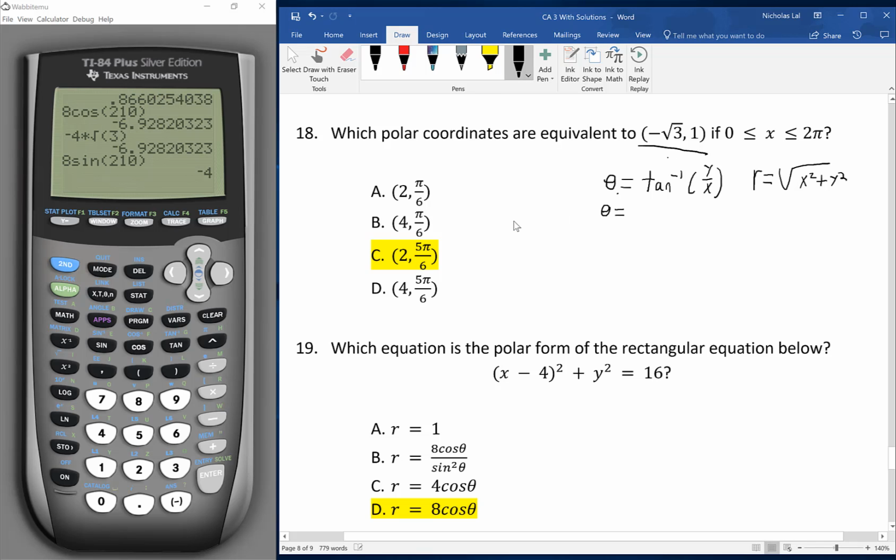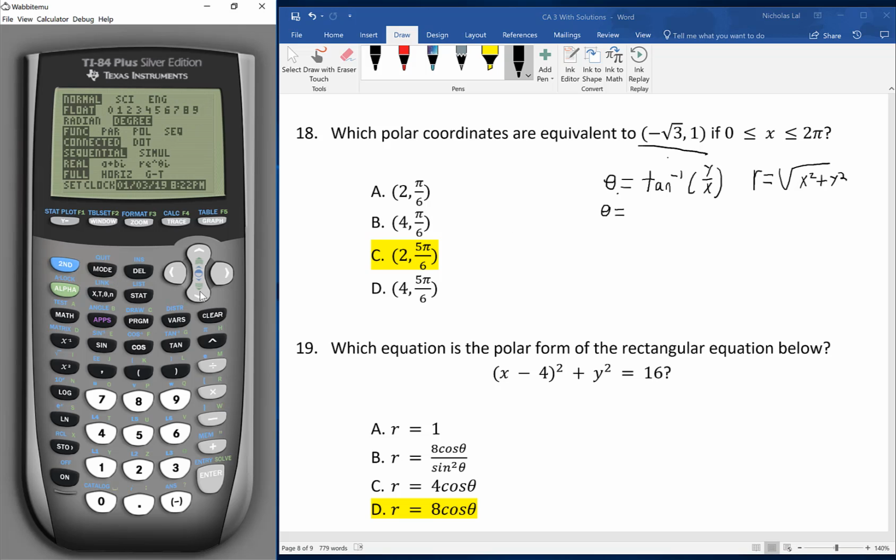So theta is equal to the inverse tangent of y over x. So let's find the inverse tangent. Make sure we're in radian mode this time. I'm going to find the inverse tangent of 1 over the negative square root of 3. Back to radian mode.